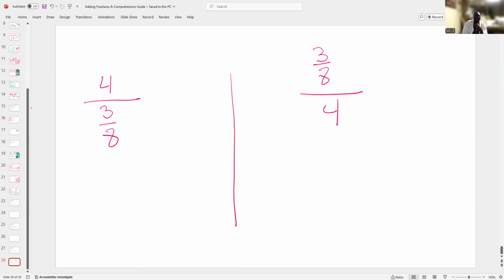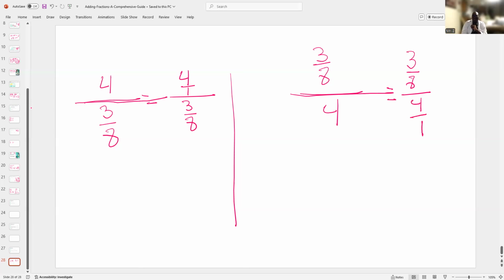So the main line of a division is this. Here, the main line of division over there. On the first one, I have a case of a whole number divided by a fraction. So I can make that as a fraction by dividing by 1. Then I got 3 over 8. On the second side, I can have a 3 over 8 divided by 4 over 1.